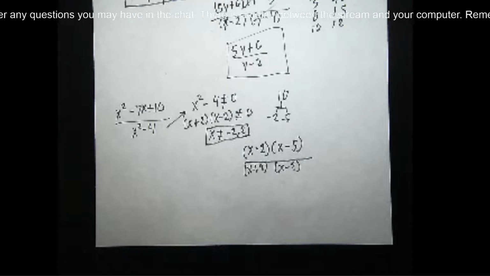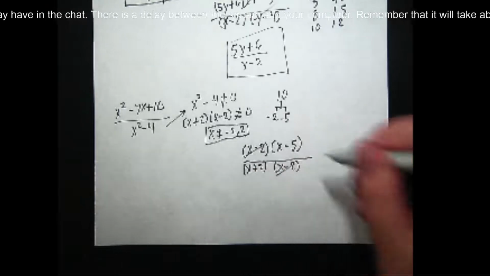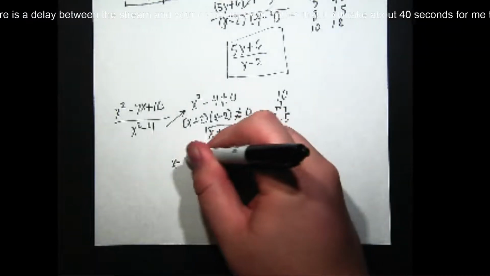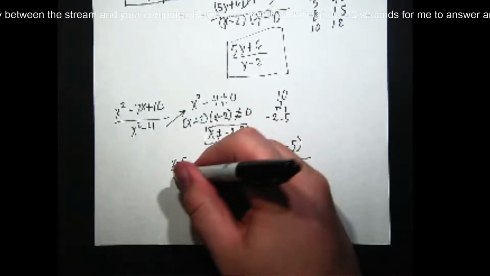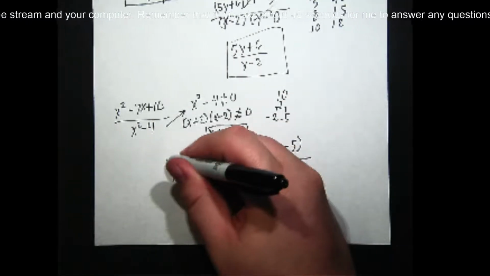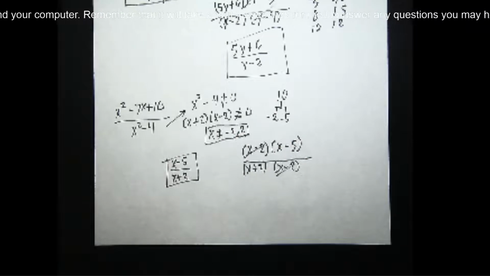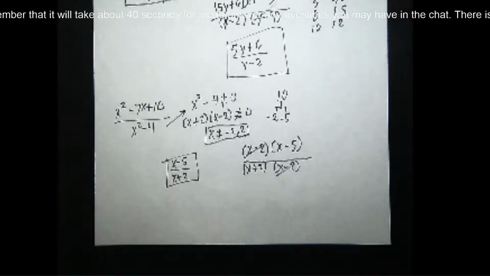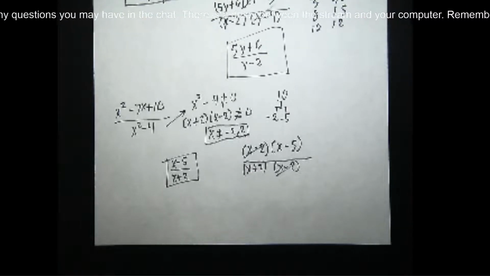So what can we cancel out? Yup, x minus 2. Good. Which leaves us with x minus 5 over x plus 2. And there's our simplified form. So once again, we've got our domain and our simplified form. Any questions? None? All right.